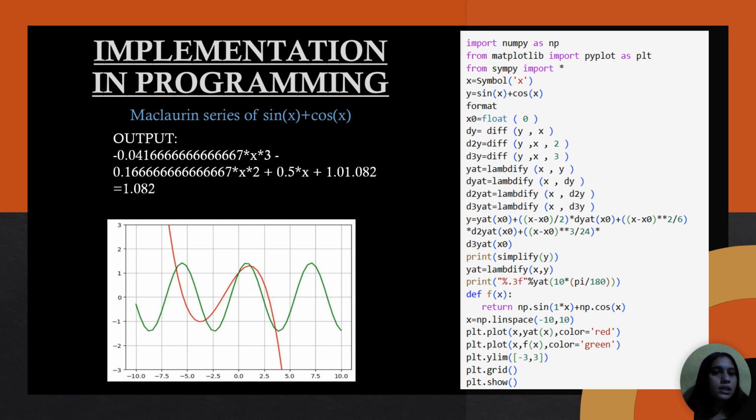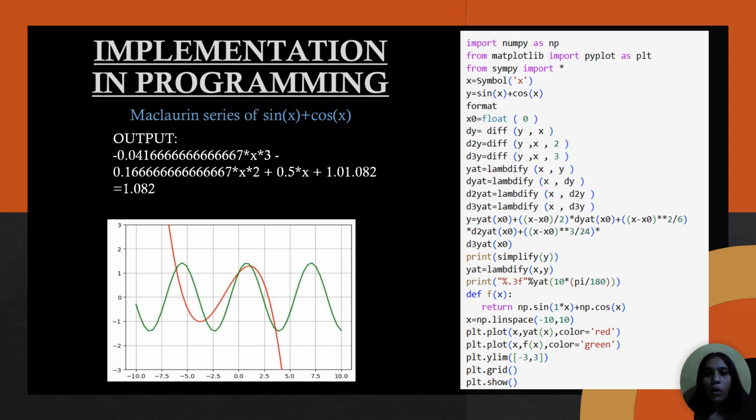So the Maclaurin series approximation is in red and the original one is in green. The plot limits are set and the grid is added for clear ends of the graph, and the graph represents a comparison between the original function, which is the green curve as you can see, and the Maclaurin series approximation, which is the red curve.